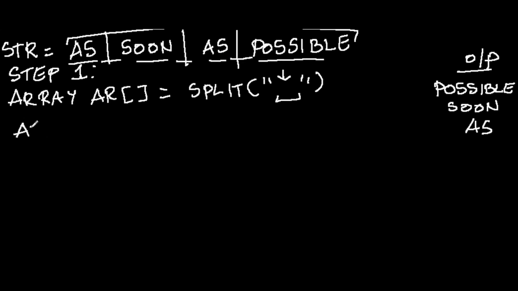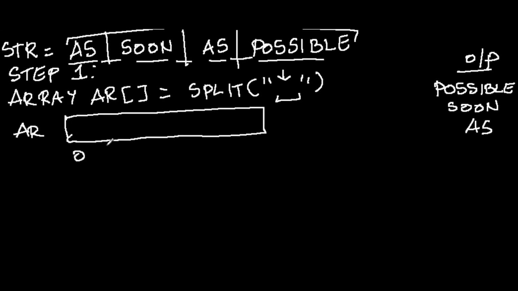So you have this array and this is the zeroth index, first, second, third. First, it will start reading from the right. It encountered a space. Here there is a space. So this word will be stored in the zeroth index. From here it will start reading and it encountered a space.